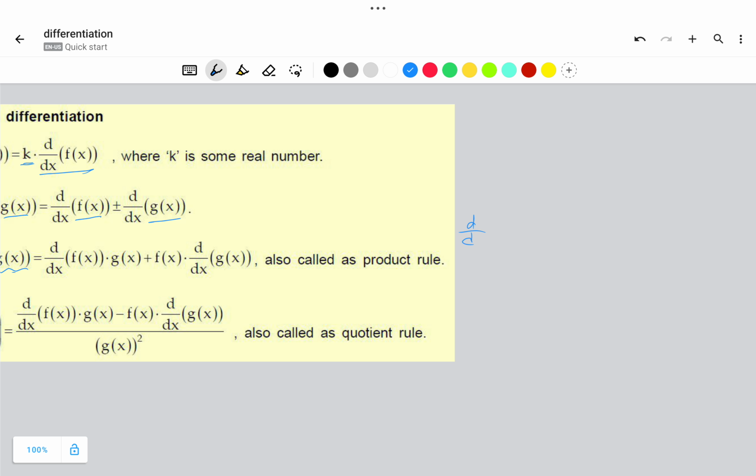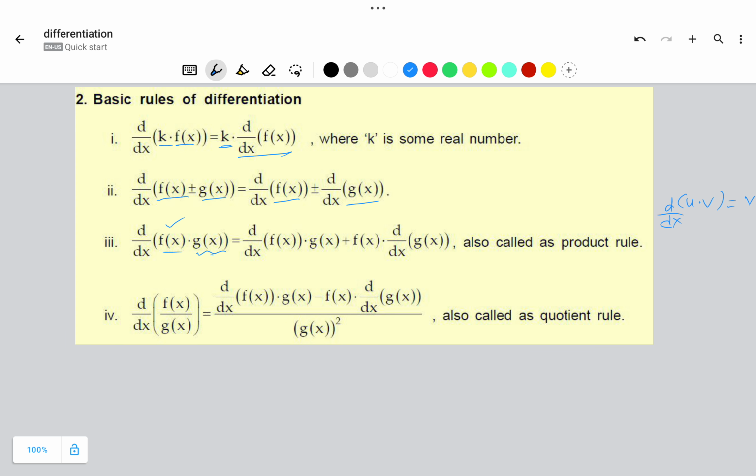Suppose we are taking the derivative with respect to x of uv, where u and v are functions of x. Then we take v times the derivative of u with respect to x, plus u times the derivative of v with respect to x. Similarly, for f of x by g of x, we can use the u by v rule. This is the second function squared in the denominator, and then the second function as it is times the derivative of the first function, minus the first function as it is times the derivative of the second function.